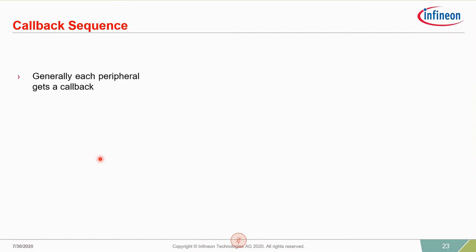Generally, each peripheral gets a callback to perform a few peripheral specific tasks. And the sequence of execution of these callbacks is basically based on the order of registration. Now, let's say I have three callbacks, callback 1, 2, and 3, registered in the same order, then the callback execution also follows the same order.